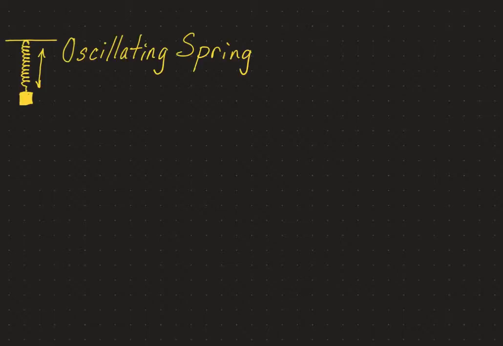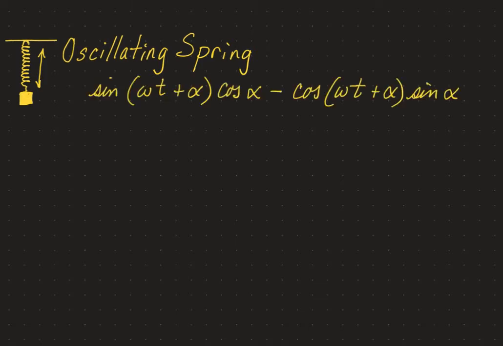Okay, let's do a little bit of application with this stuff, because sometimes these formulas can help to simplify things when you're actually working on things in the field. So for instance, let's say you're studying an oscillating spring. You have a spring that has some weight on it. It's moving up and down. How can you describe that motion? Well, that definitely looks like a formula in need of some simplification.